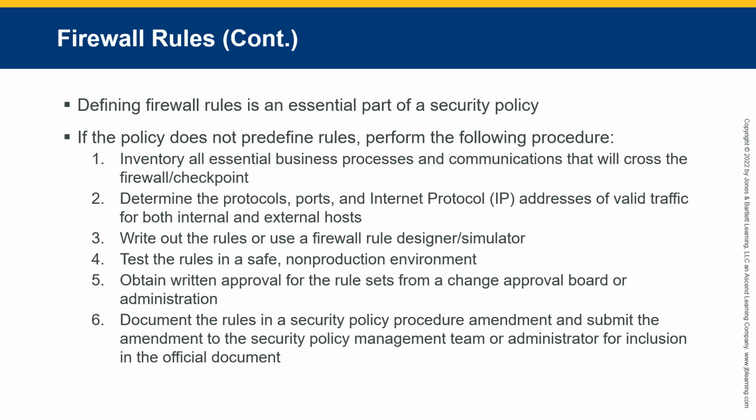A lot of times this can be done in a form that's also utilized for the written approval. You would follow this sheet: the first rule I'm going to create, and put all these elements in, second rule, third rule, etc., how many rules you're going to make, and when you're going to deploy those rules at a certain window or time. Those are some things you need to follow as good practices.